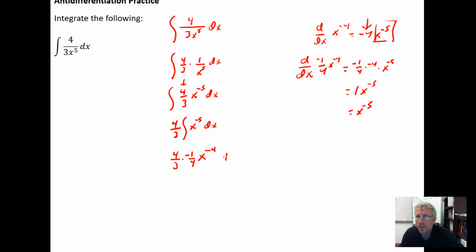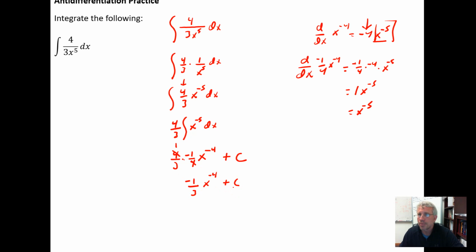Now we need to add on plus our constant of integration. To simplify things a little bit here, we see that 4 divided by 4 equals 1, and 1 times negative 1 is just negative 1 over the denominator of 3, x to the negative fourth plus c.